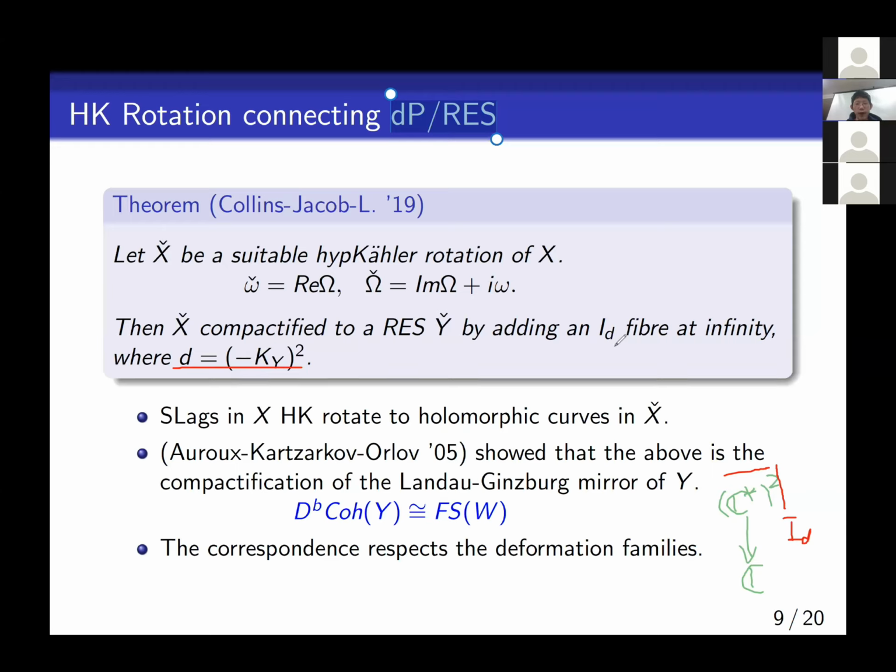In the case of degree 8, you get two families of del Pezzo surfaces, which are F1 and P1 times P1. On the other side, from the result of Auroux–Katzarkov–Orlov, you can compactify the mirror potential of P1 times P1 or the Hirzebruch surface F1. And this hyperkähler rotation will preserve the family, which gives you some smell that mirror symmetry is really going on.